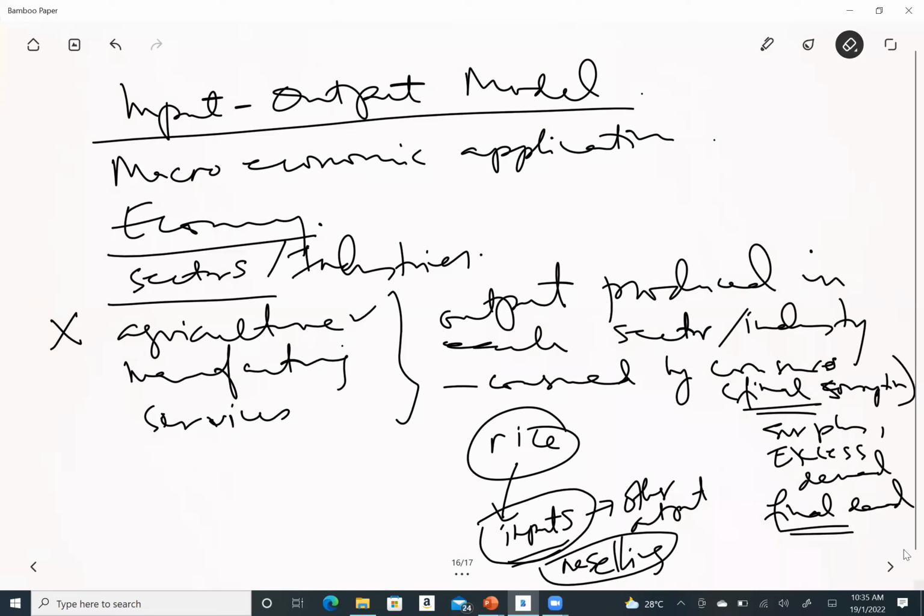So the service sector we drop. You have agriculture, we call it X, and manufacturing, Y. So the total outputs in the sectors are X, Y.